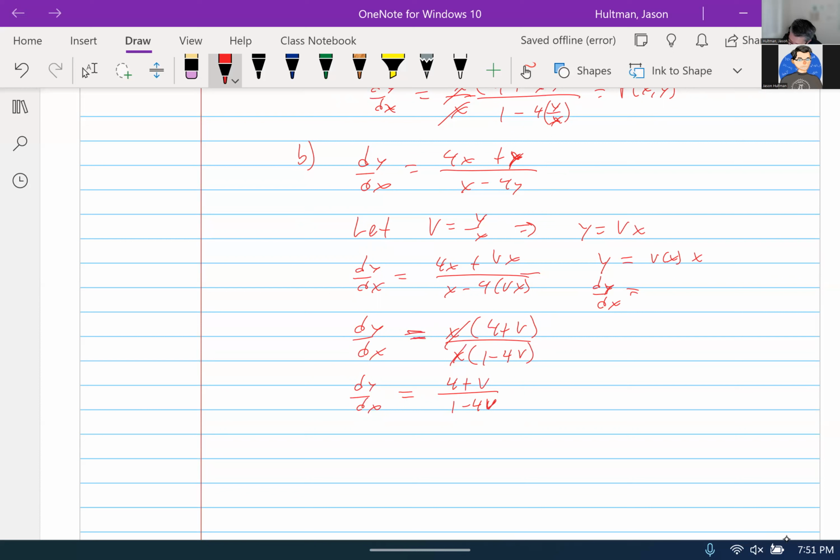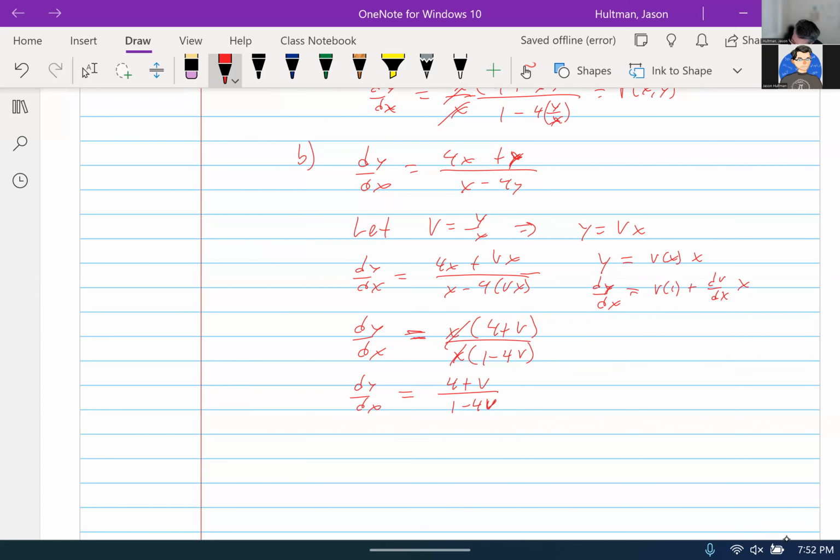Well, once again, that's going to be the product rule. Derivative of the second times the first is going to be v of x times 1, plus the derivative of the first, which is v prime, or dv/dx, times the second, which is x.